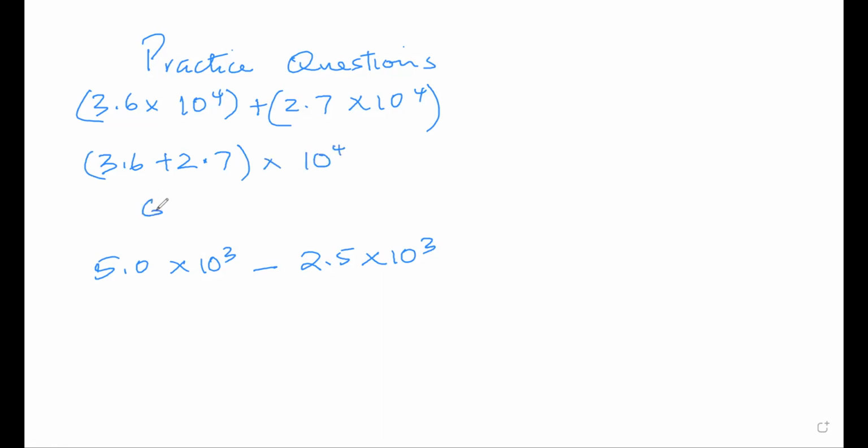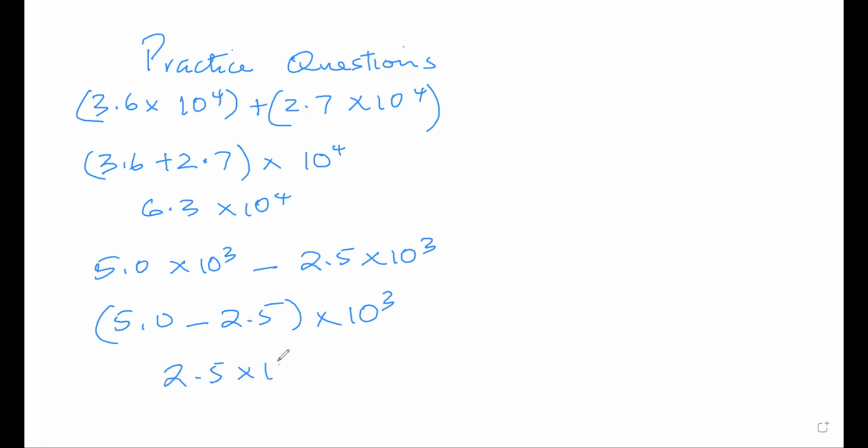So this will give us 6.3 times 10 to the 4th. Then this one, the exponents are the same. 5.0 minus, we subtract the coefficients, times 10 to the 3rd. So 2.5 times 10 to the 3rd.